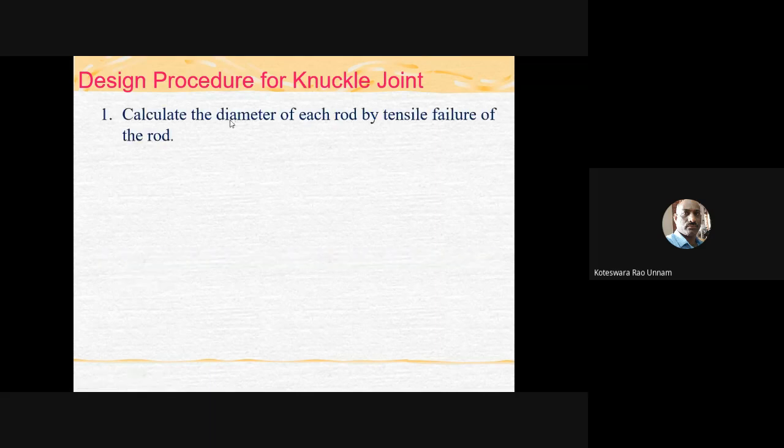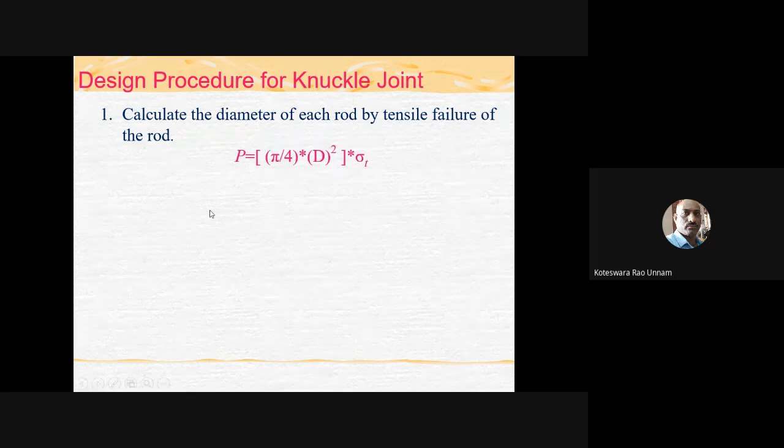In the case of a knuckle joint, the first parameter you need to calculate is the diameter of each rod. The diameter of the rod is calculated by considering the tensile failure of the rod. So this is the first step. The equation for that is P = (π/4) d² σ_t, where d is the diameter of the rod.